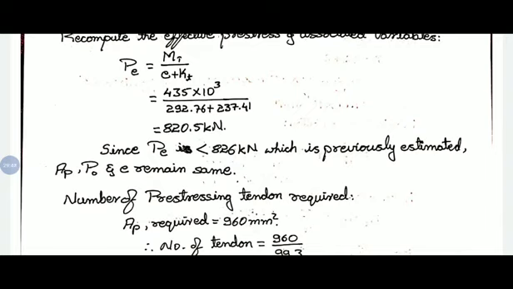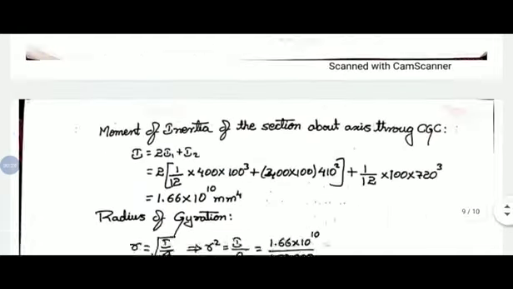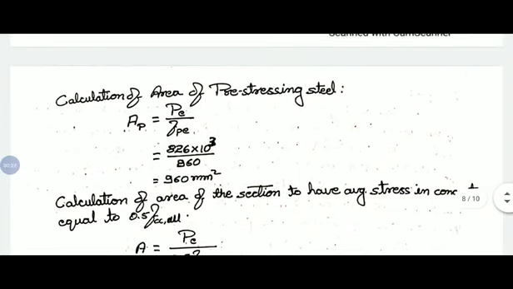So area of steel, initial stress and eccentricity, all three remain the same. If it is greater than the previously calculated value, then again we need to calculate the initial pre-stressing force for the new area of steel. That is what we have considered, P naught, for the calculation of AP here.